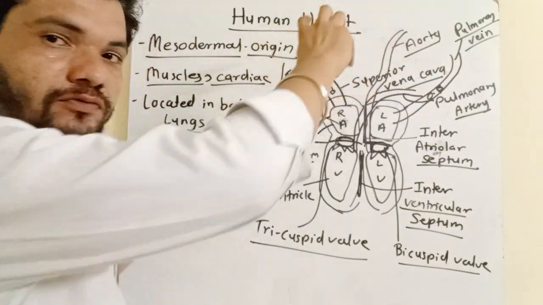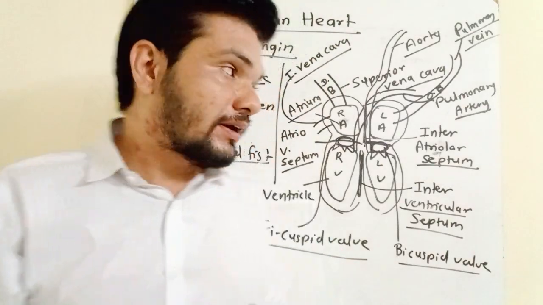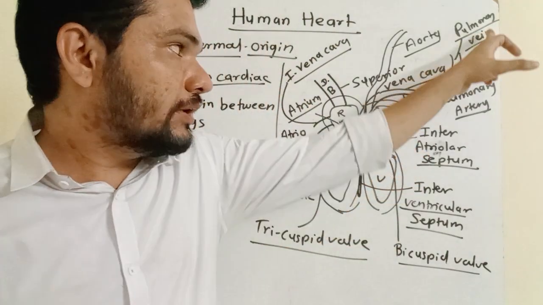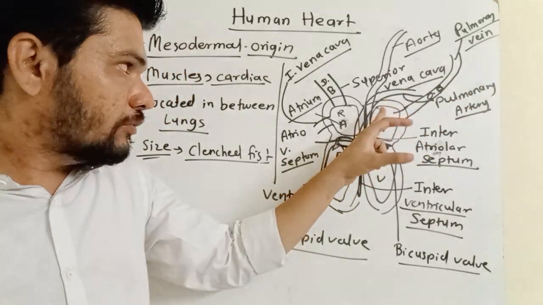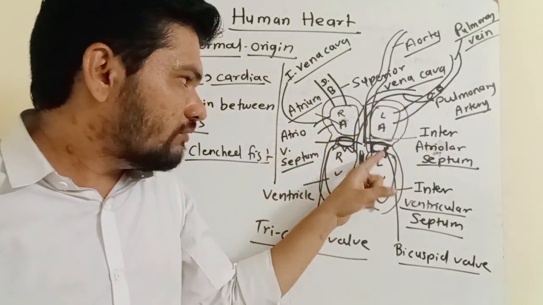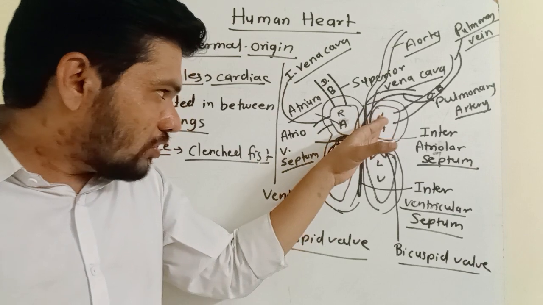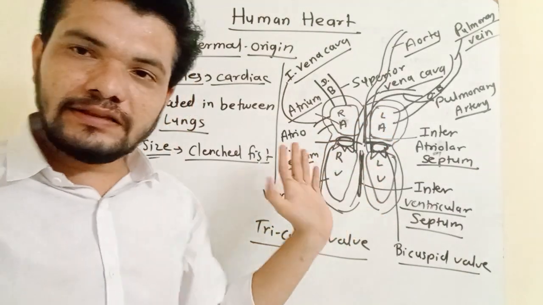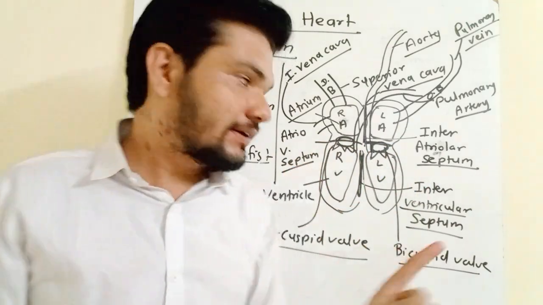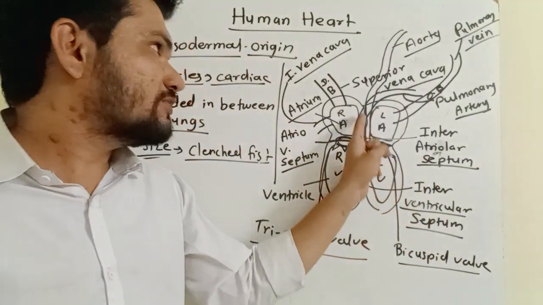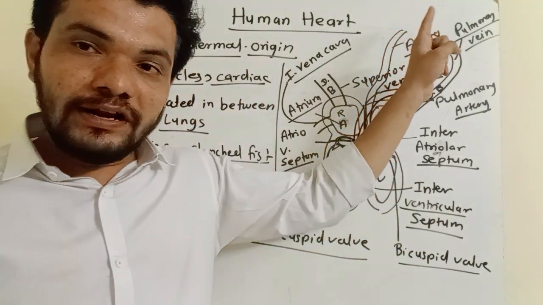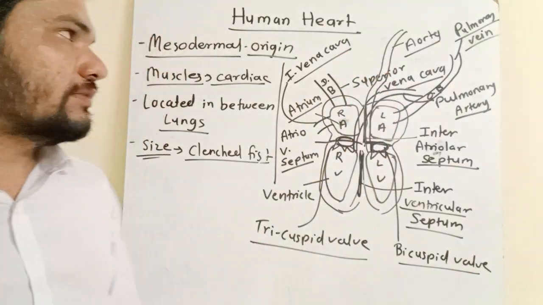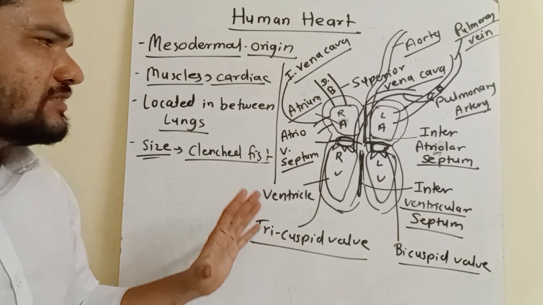Then the oxygenated blood will again come back to the left atrium with the help of the pulmonary vein. Then when the atrium contracts, this wall will open and the oxygenated blood will come into the left ventricle. Then when the ventricles contract, this oxygenated blood will be transported to the body through the aorta and the branches of the aorta. So this is all about it.